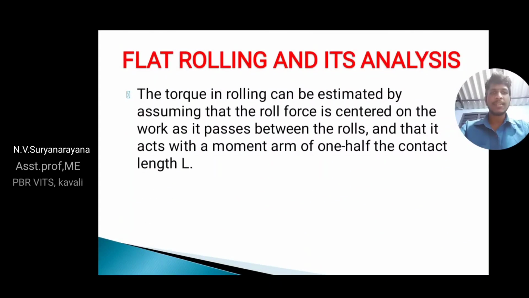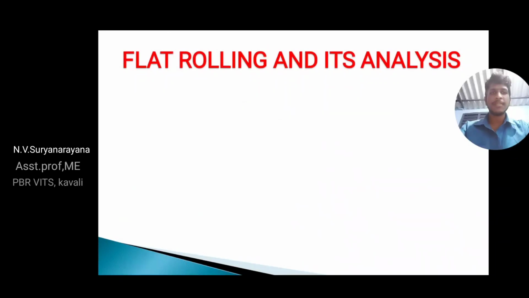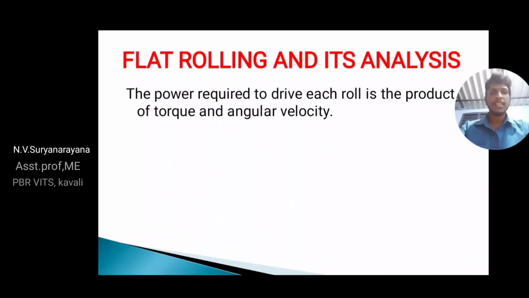The torque in rolling can be estimated by assuming that the roll force is centered on the work as it passes between two opposing rolls. It acts at one half of the contact length L, so torque T equals 0.5 F L, force times length.